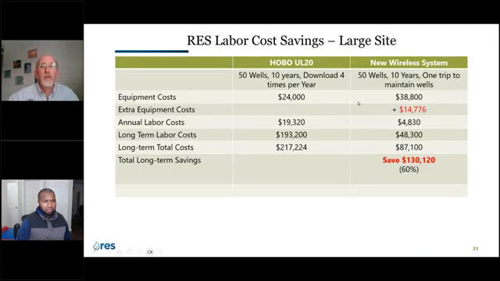You might want to speak to the cost of the hardware. In this system, 50 wells, each with a wireless transmitter plus the base station, comes out to around 38, 39,000, maybe with a few extra repeaters in there for good measure. Maybe it comes out closer to 40.